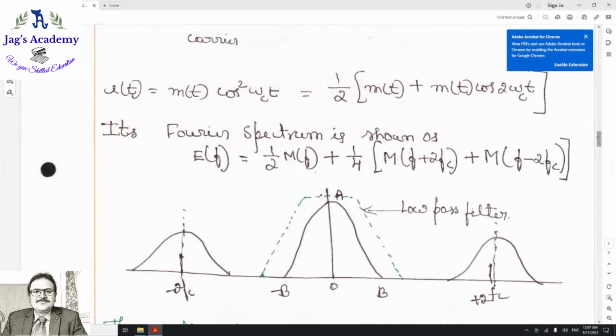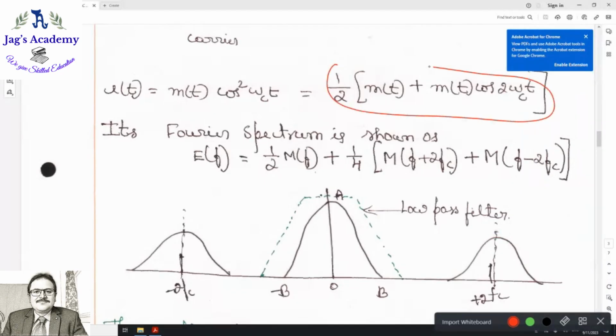Suppose you put it in the Fourier domain, how can you convert this expression into the Fourier domain? This is very important, you need to remember this. What is the Fourier transform of this? M of f, right?